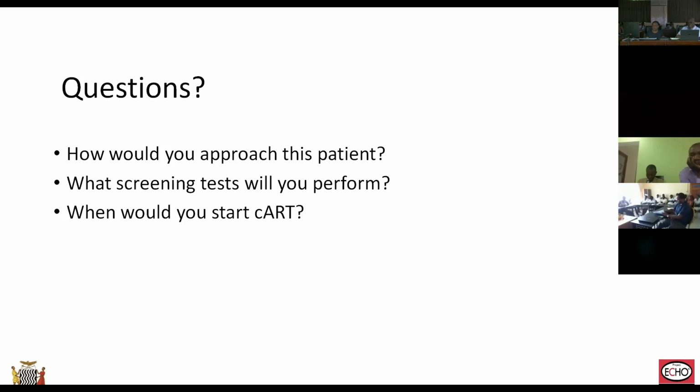And we learned from Mapalo's scenario that when she came to the facility today, or a few weeks ago, she was found HIV positive. When would you start ART? So these are the three questions, and we encourage everyone out there from the spokes and anyone participating this afternoon and from the hub to respond to these questions.